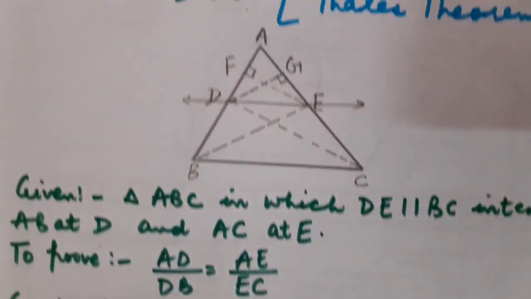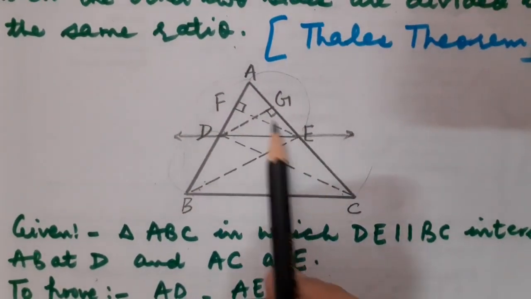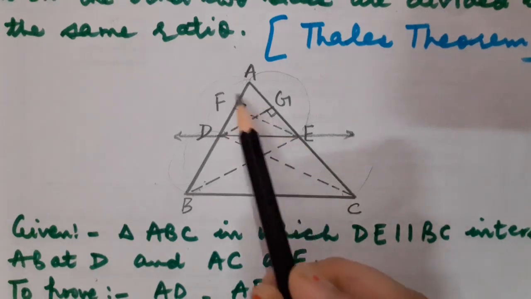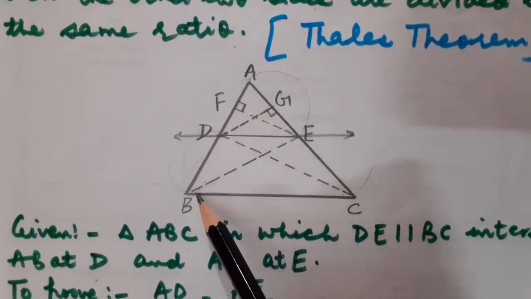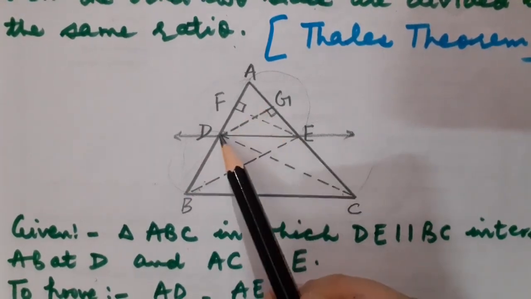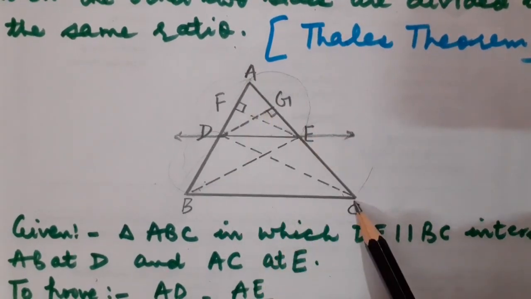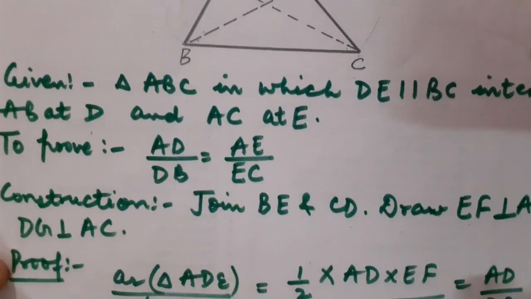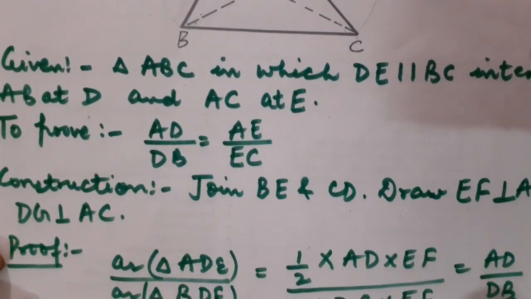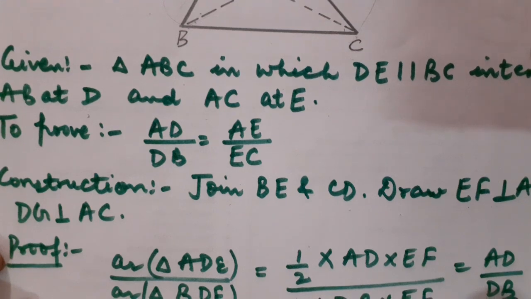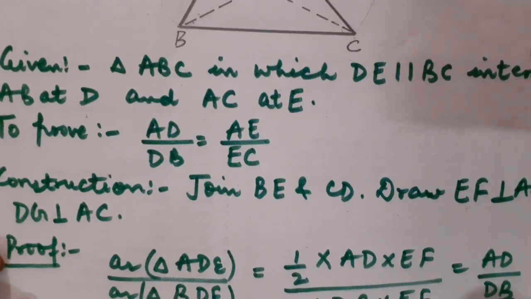This EF is perpendicular on AD as well as on complete AB. In the same manner, DG is perpendicular on AE and on complete side AC as well.